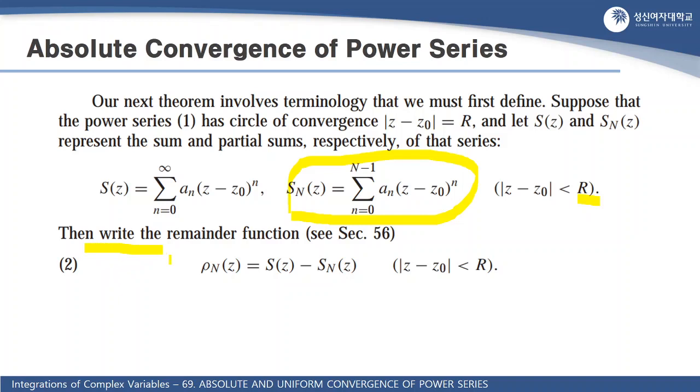Then we can write the remainder function. We already defined the remainder in section 56. R sub N(z) is the difference of S(z) and S sub N(z).